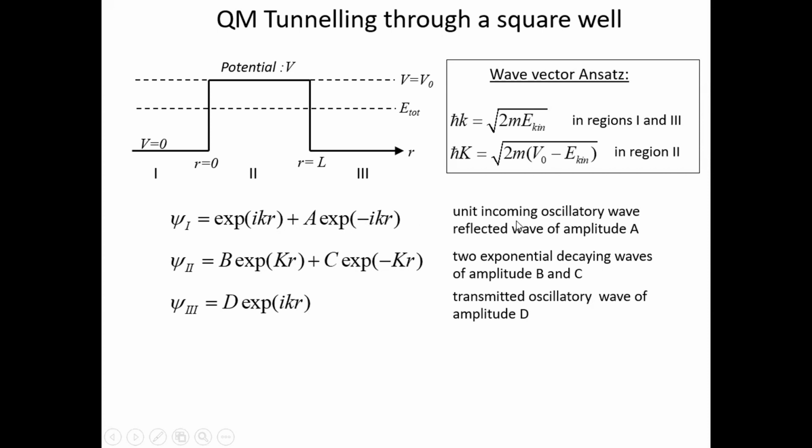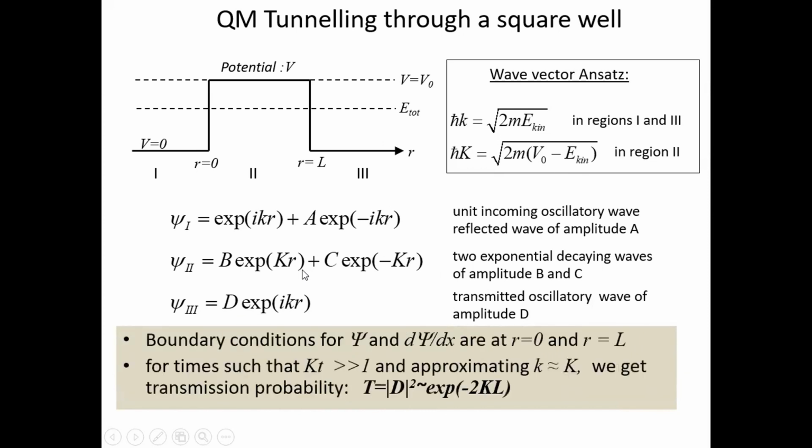One calls this the incoming oscillatory function, which has a reflected amplitude of A, and the second wave function is two exponentially decaying wave functions with the amplitudes of B and C, and then there is a transmitted oscillatory wave function with the amplitude of D in the third part. We can find out the k and capital K in terms of the energies, the energy differences or the potentials.